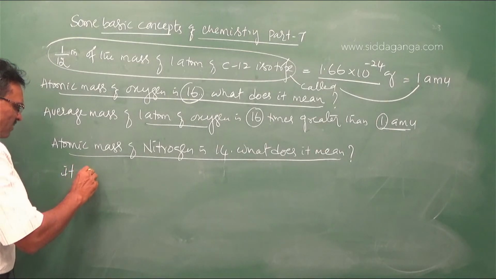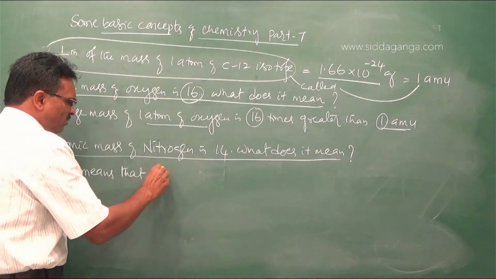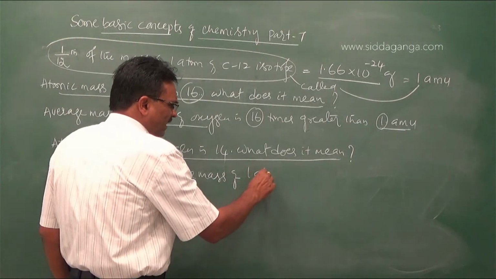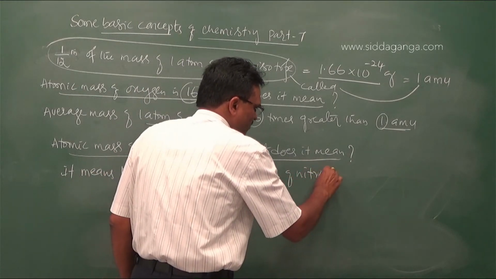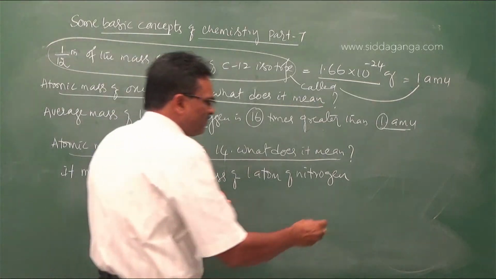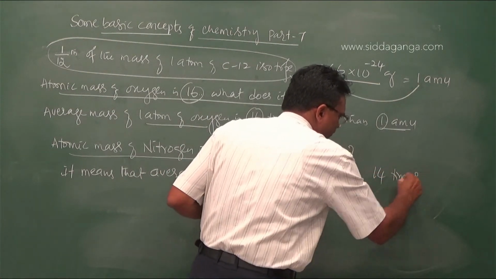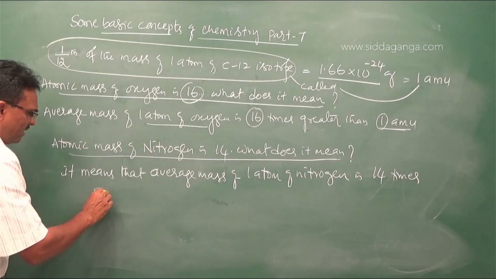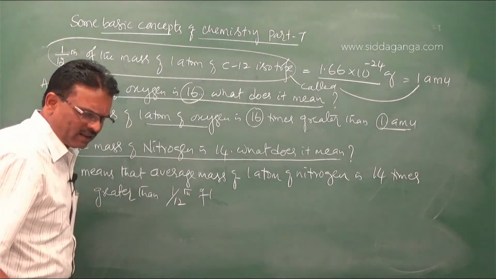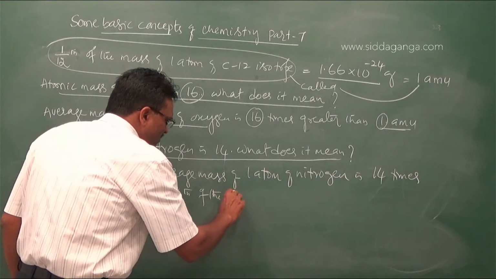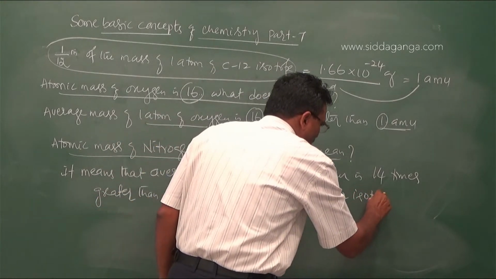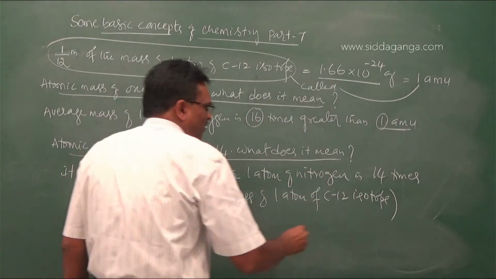It means that the average mass of one atom of nitrogen is 14 times greater than 1/12 of the mass of one atom of carbon-12 isotope. So this is called 1 AMU.